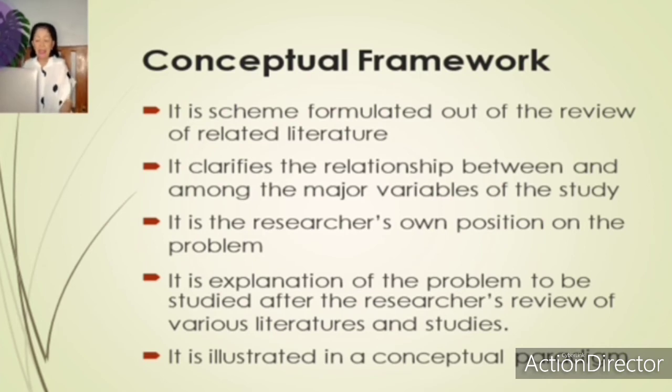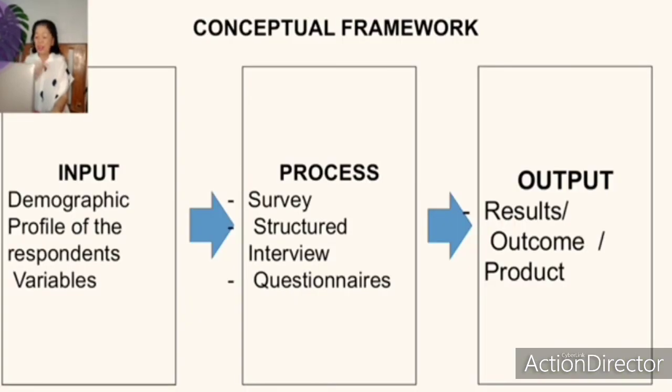And here is the conceptual approach. We call it the IPO. What is in the IPO? For the I, or input, first is the demographic profile of the respondents and the variables. This will come from the SOP or statement of the problem in your chapter 1.